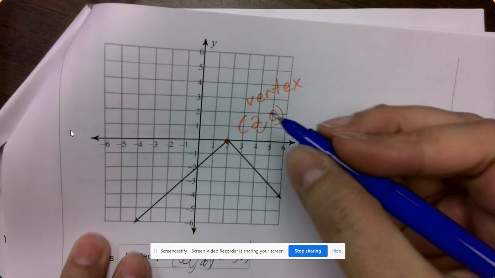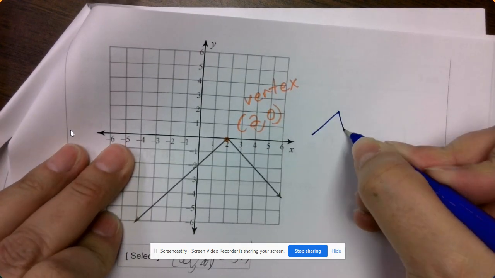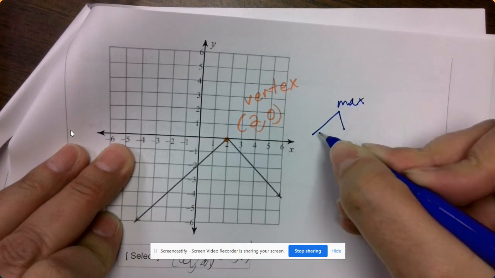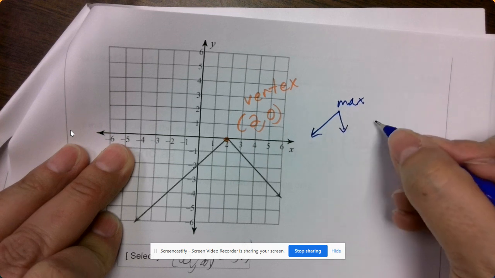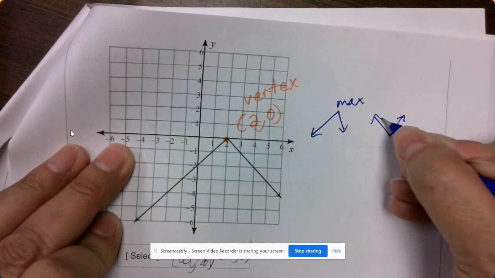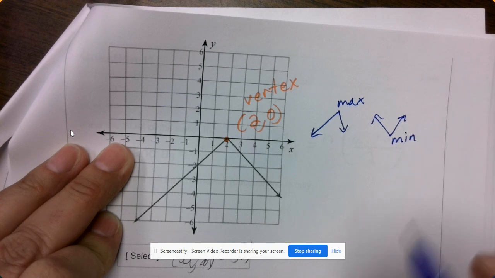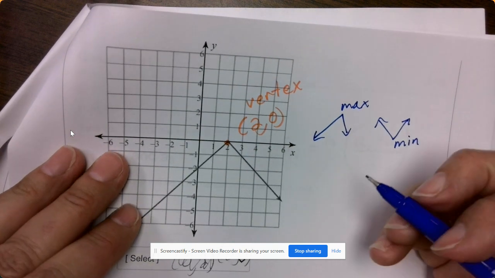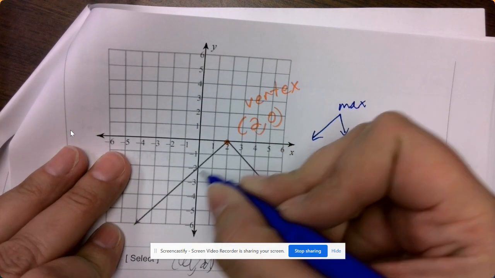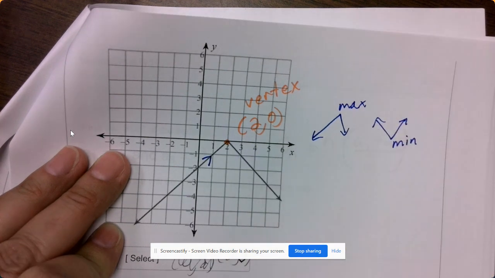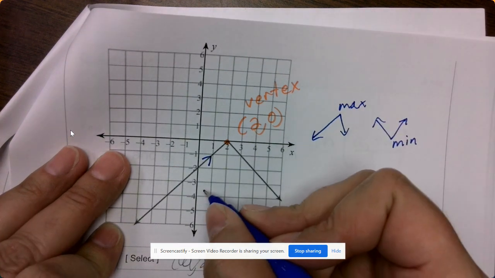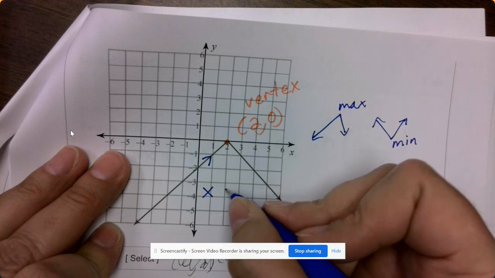Vertex is the maximum, everybody. If it opens downwards, then it's the minimum. Function is increasing, so everybody, that means that it's going up. Okay, so it's going up right here. X is greater than 2.